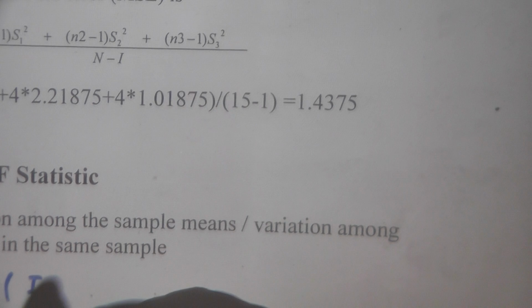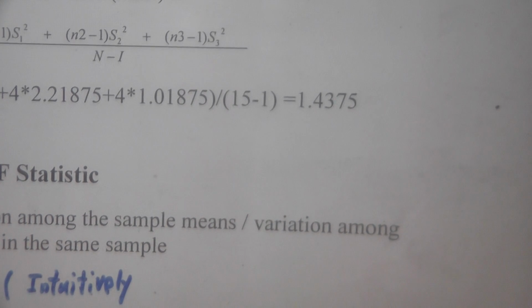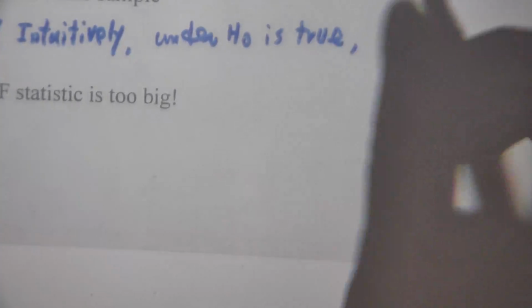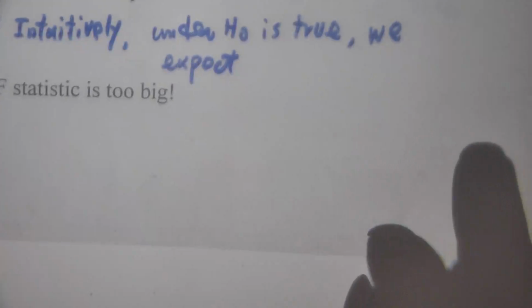Intuitively, if H naught is true, we expect that X1 bar should be very close to X2 bar, which should be very close to X3 bar.